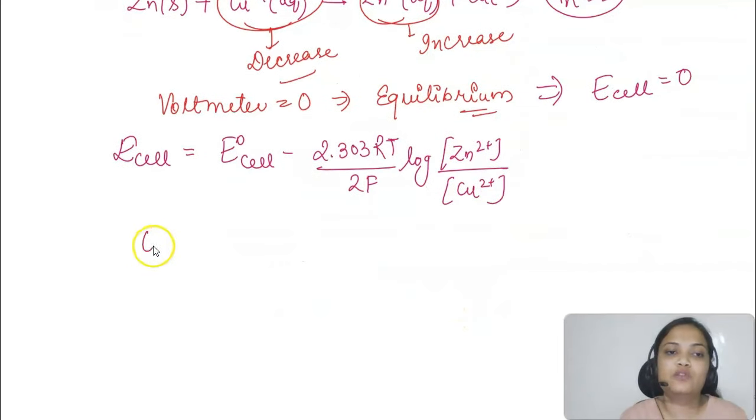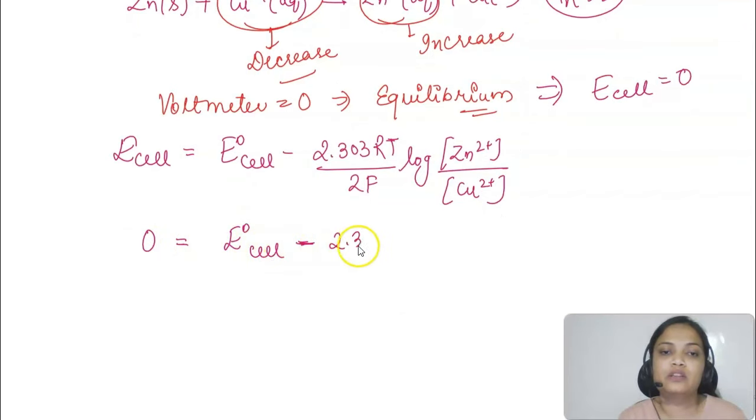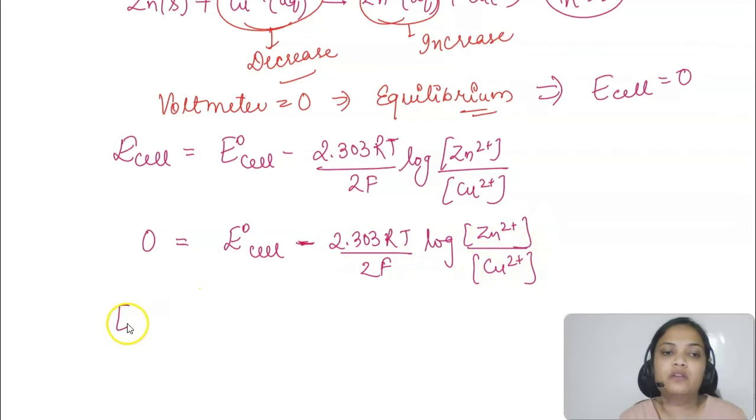Now E cell is 0, so I will put 0 here. Okay, so E naught cell and the same thing minus 2.303 RT upon 2F log of zinc 2 plus upon copper 2 plus.